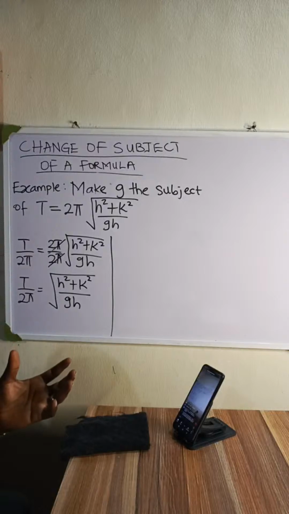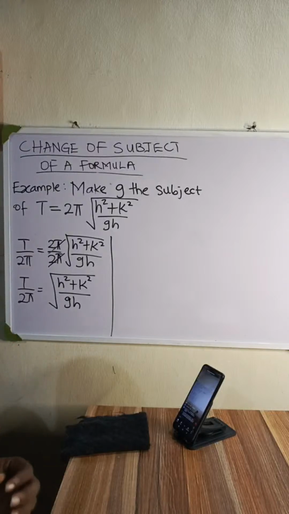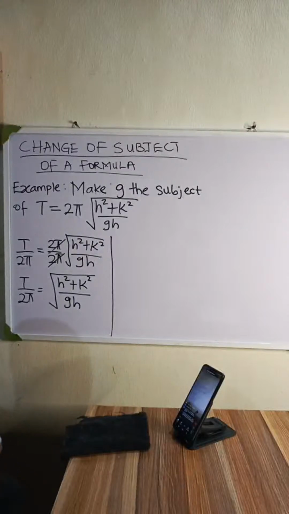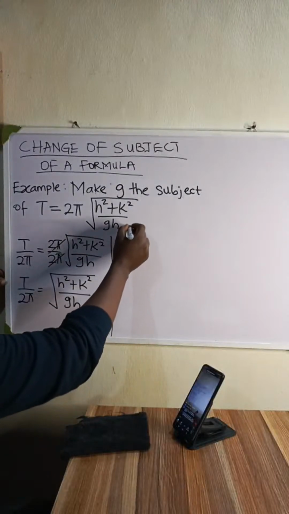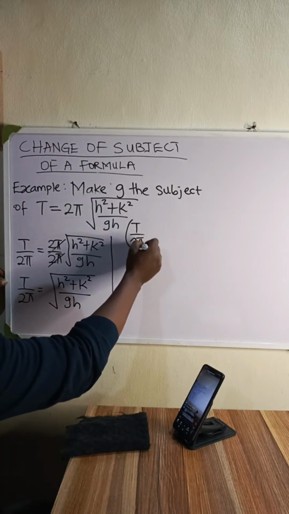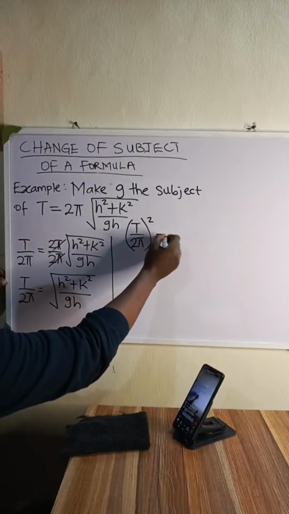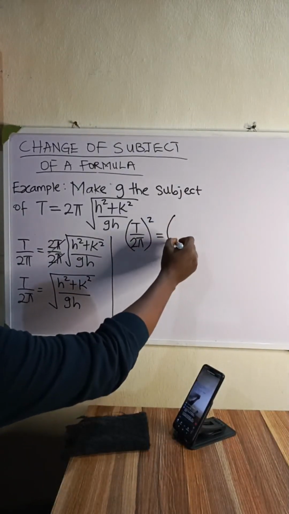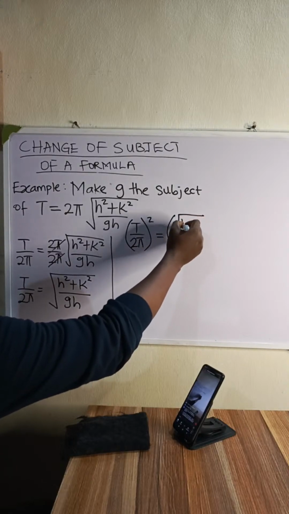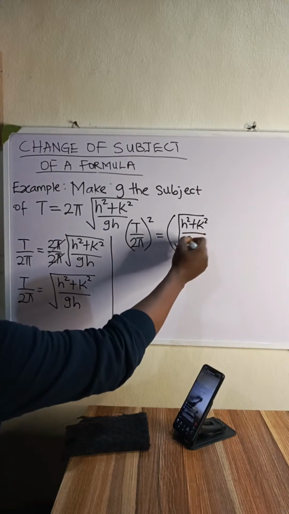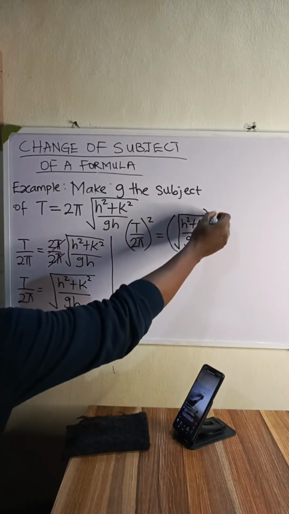To cancel out multiplication, we introduce division. So to cancel out square root, we introduce square. So we're going to have t all over 2 pi all square is equal to square root of h squared plus k squared all over gh all square.